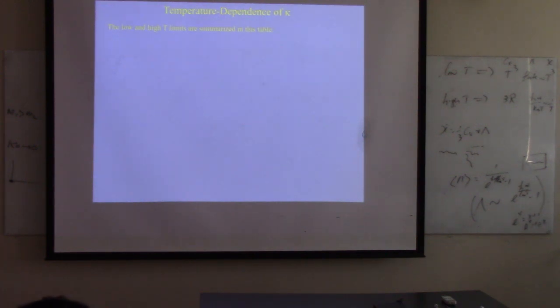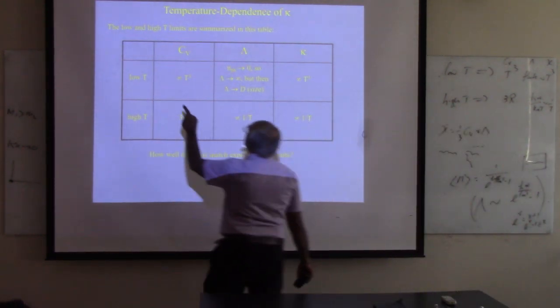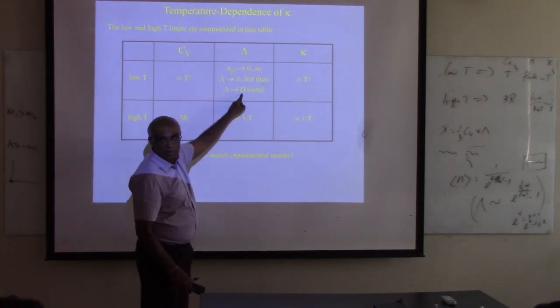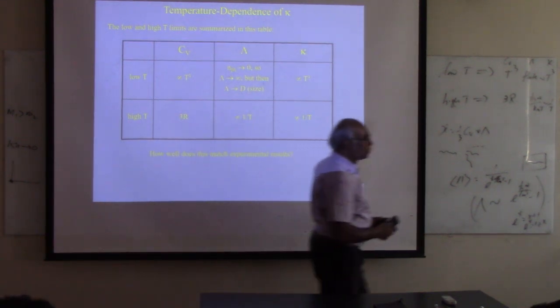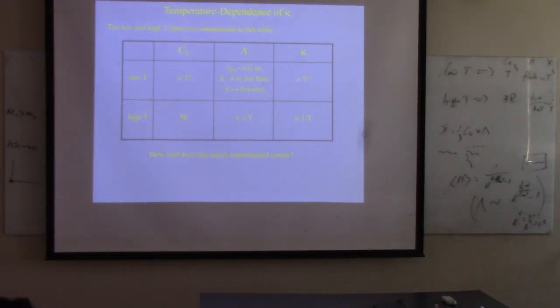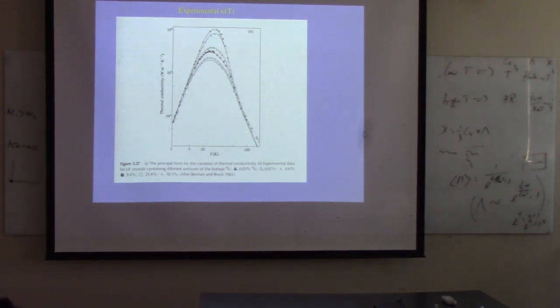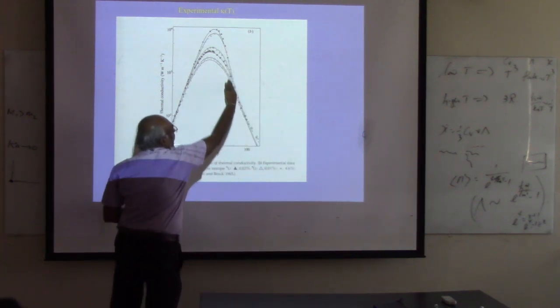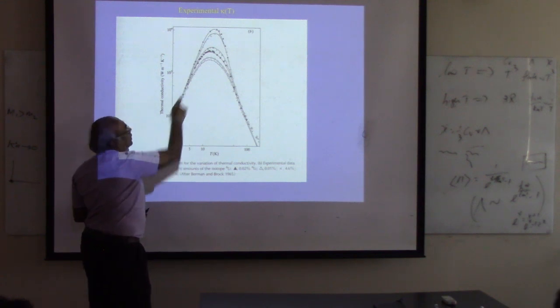All the details are here, please go through this one. Everything I discussed is here. Gamma is really infinite, but really it's not infinite, it becomes finite, right? If you look at the thermal conductivity temperature dependence, this is how it looks. You can see at high temperature it goes like 1 over T, but at lower temperature it shows T cube.